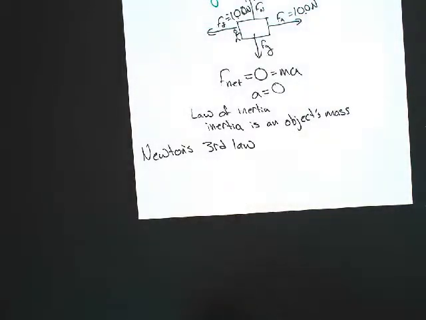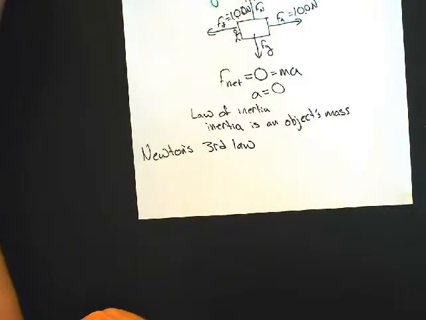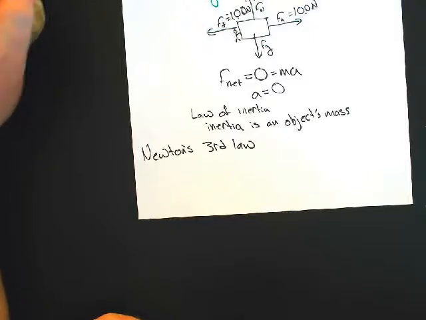All right. Newton's third law is probably the one most people know, like right off the top of their heads. What's Newton's third law? You guys knew that one too? For every action, there's an equal and opposite reaction. Okay, you've probably heard it at some point. Whether or not you remembered it is a different scenario.